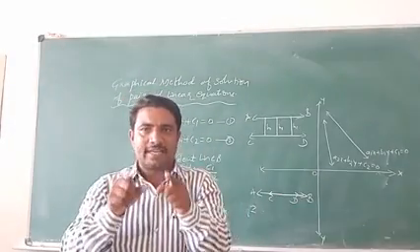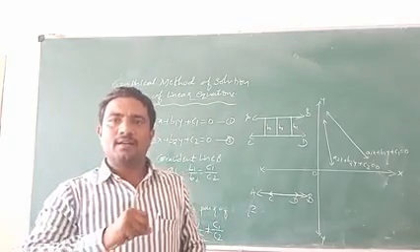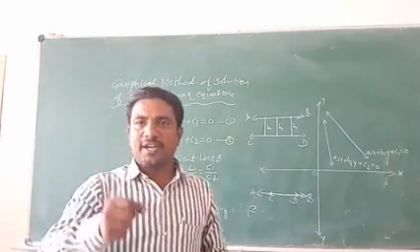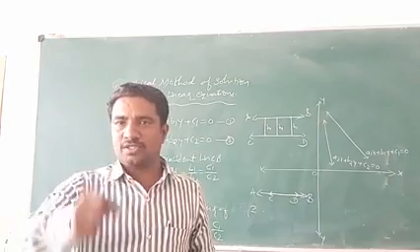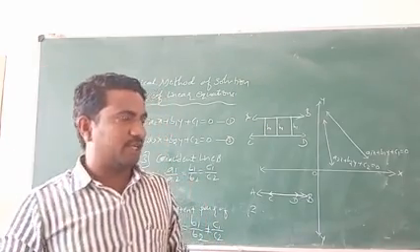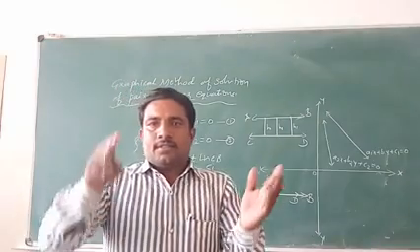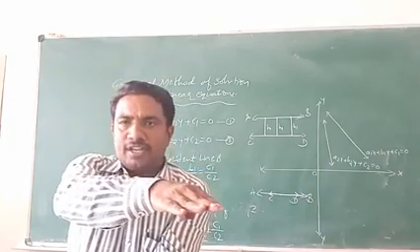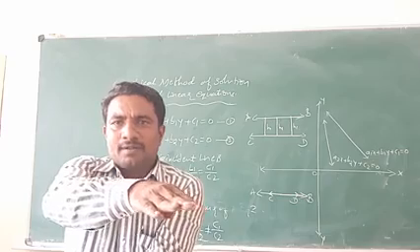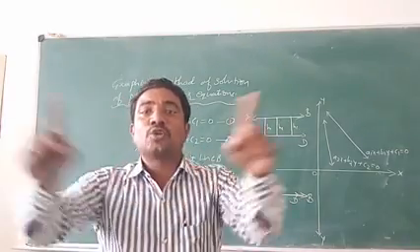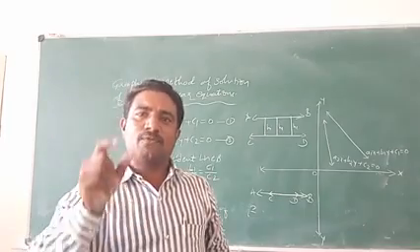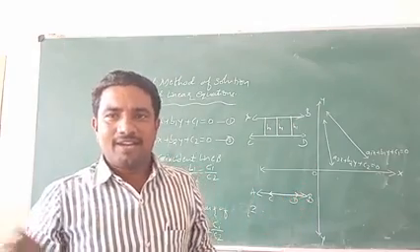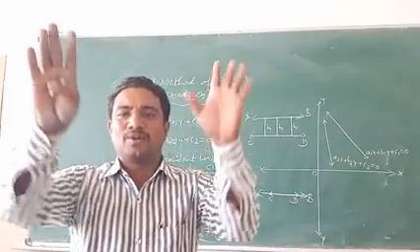The second condition is the parallel lines condition: a1 by a2 is equal to b1 by b2, not equal to c1 by c2, in the sense that lines are parallel to each other. They cannot meet at any point on the plane, which means the equations have no solutions.